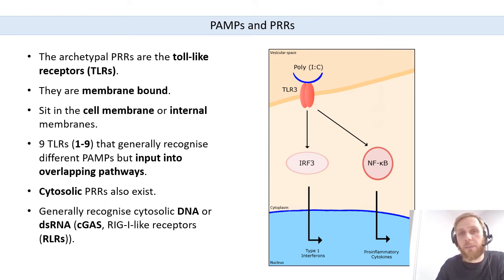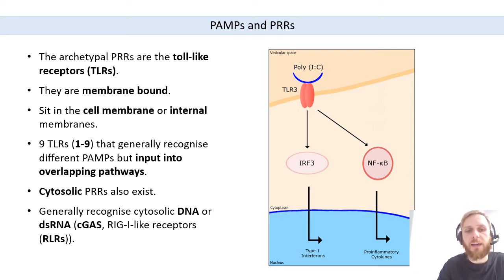There are cytoplasmic PRRs that recognize, again, that cytoplasmic DNA. TLRs tend to sit in the membranes. We have 9 different TLRs, and these recognize different PAMPs, some of which we've just looked at. On the right we have an example of activation where a TLR is being bound to poly-IC, which is a mimic of a nucleic acid combination that triggers innate immune activation, something that we just looked at.